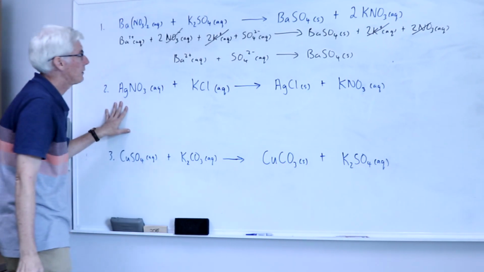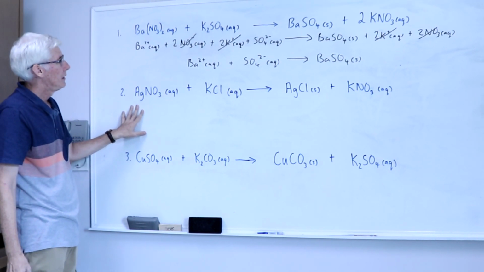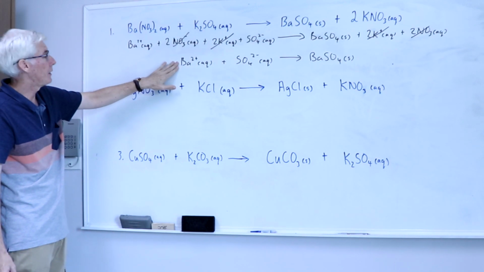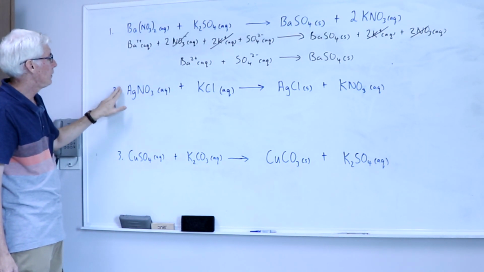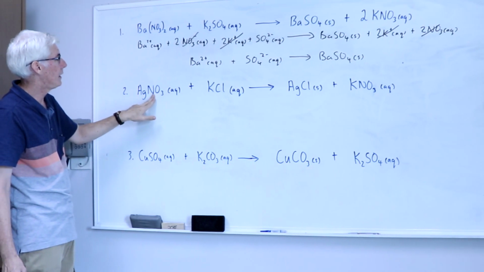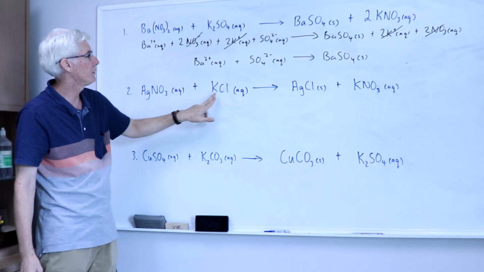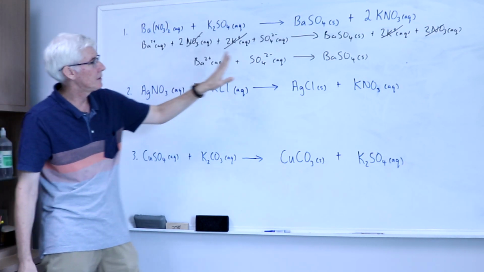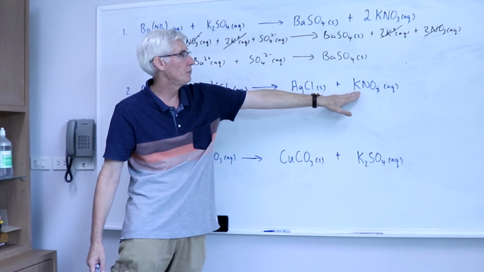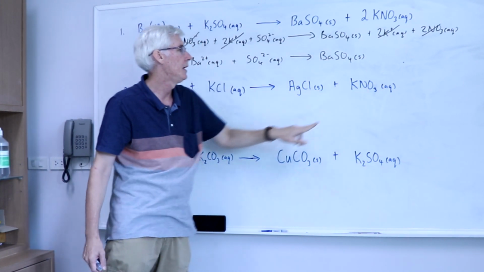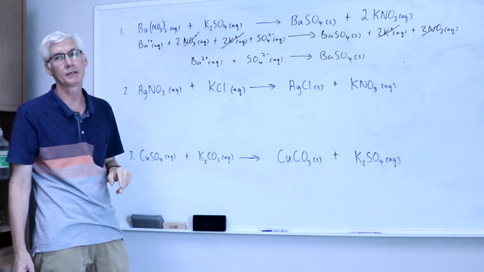In this case we can write an ionic equation. I'll skip the second step and go straight to the overall ionic equation. We know that this is aqueous, so we must have silver and nitrate ions. This is aqueous, so we must have potassium and chloride ions. On the right-hand side of the equation, we still have potassium and nitrate ions in solution, so they are the spectator ions.